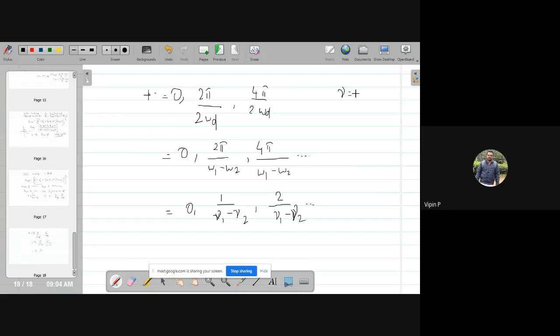Because omega is equal to 2 pi nu, so nu is equal to omega by 2 pi. So you can always write this equation in terms of nu. These are the times at which you have the maxima occurring, at t equal to 0, 1 by nu 1 minus nu 2, 2 by nu 1 minus nu 2, etc.